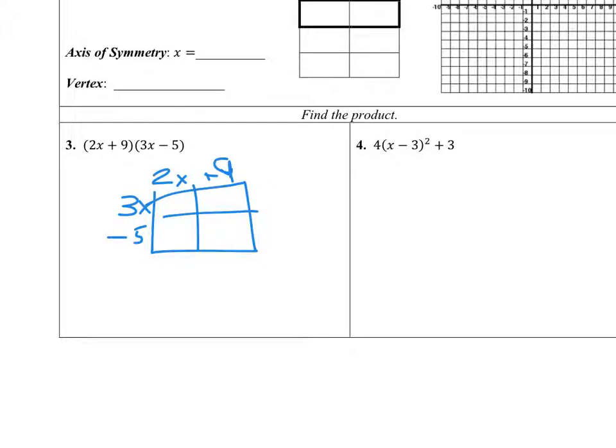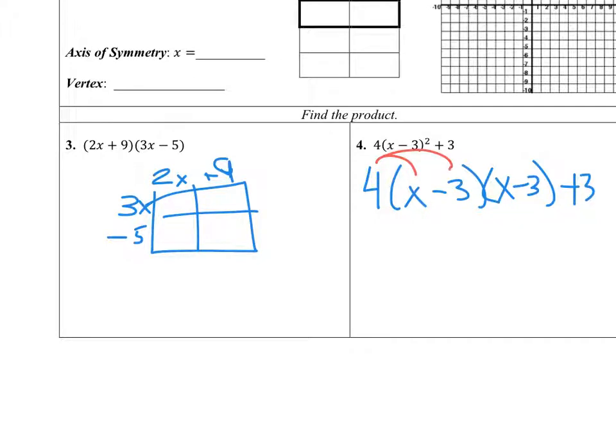On this one, number 4, this is basically saying, okay, you get 4 times x minus 3 times x minus 3 plus 3. I would distribute this 4 first to these two terms, and then you're going to get something different down here, and then you're still going to have x minus 3 plus 3.